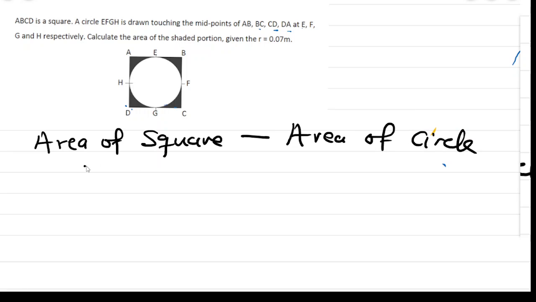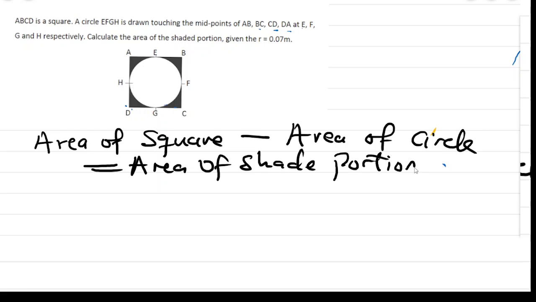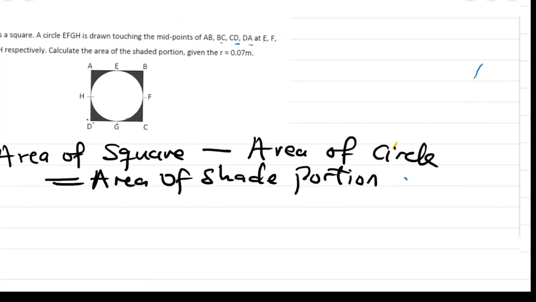And this will give us the area of the shaded portion, for the same reason as I gave before: from this square, if you take away this circle, you will get the shaded portion remaining. So all we have to do is to find the area of the square and the area of the circle. Then we'll come back to this formula. Let's go and do the job here.